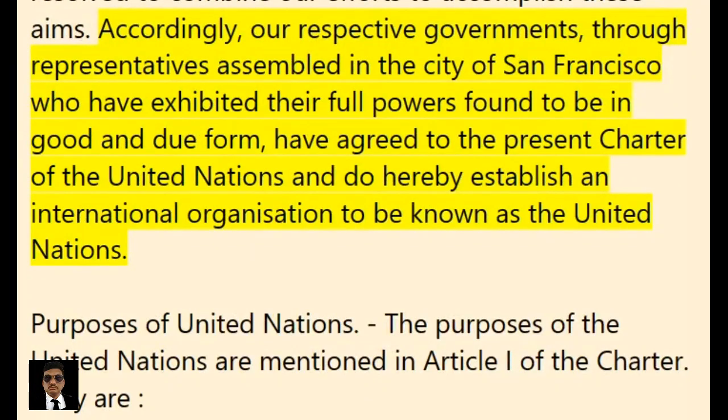Accordingly, our respective governments, through representatives assembled in the city of San Francisco who have exhibited their full powers found to be in good and due form, have agreed to the present Charter of the United Nations and do hereby establish an international organization to be known as the United Nations.